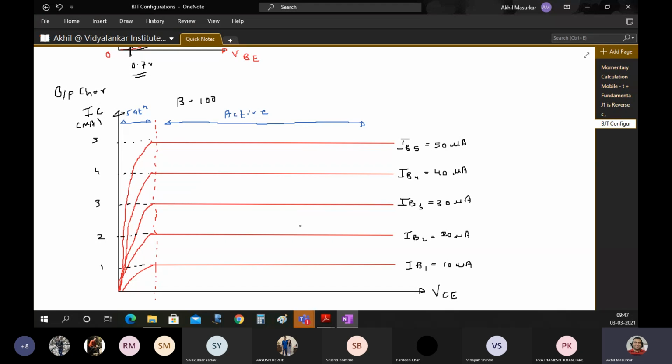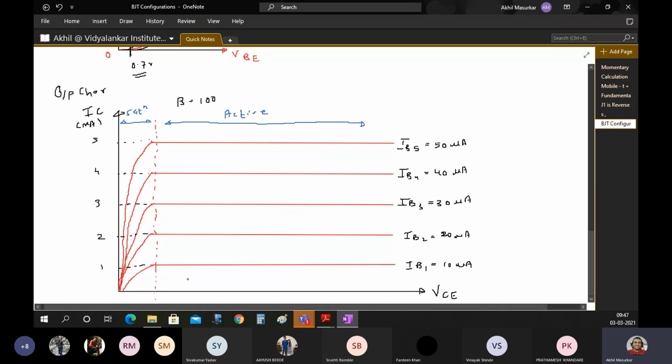So although IB is constant, IC increases to some extent with increase in VCE. Actually, VCE starts from 0 to some maximum value. Let us say the maximum value is VDD or VCC.